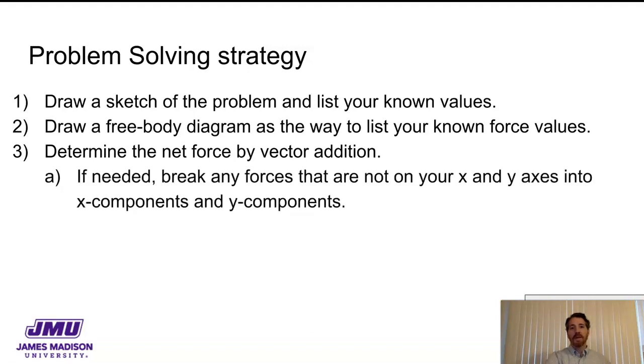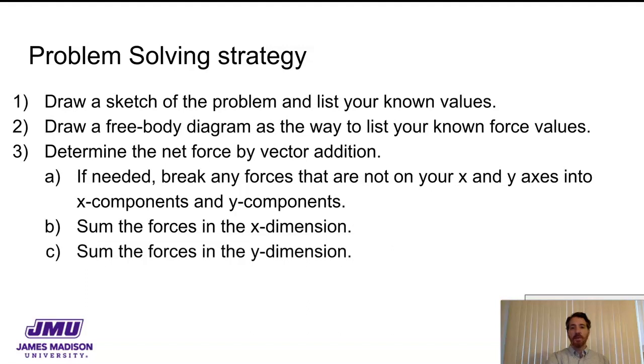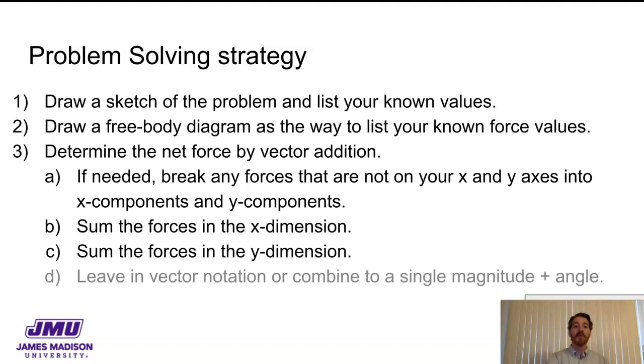That may involve some complications that we've been going through when we talked about how vectors work. For example, if a force is not on the x-axis or the y-axis, it's off at some angle, then you would need to break it into x and y components, which is something we've done with some of the other vectors already. You would then add up all of the forces in the x direction, and you would add up all of the forces in the y direction and come up with a single value in the x and a single value in the y.